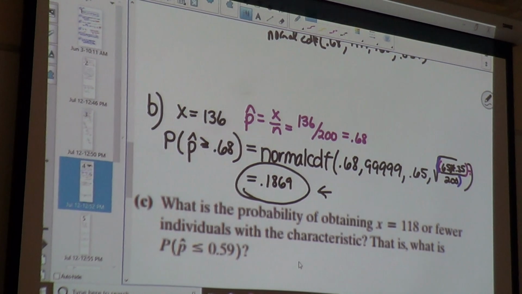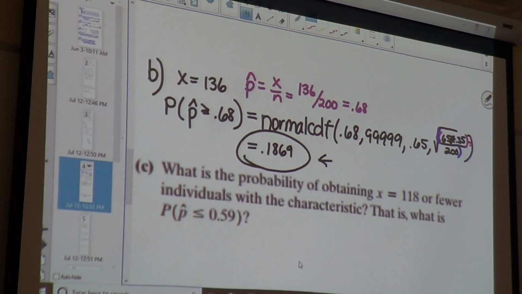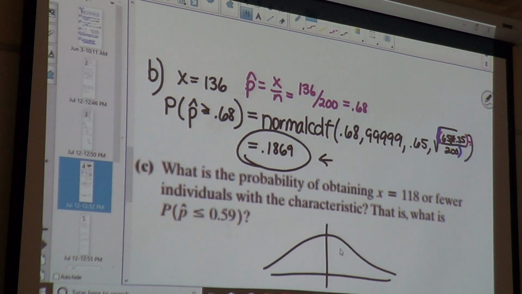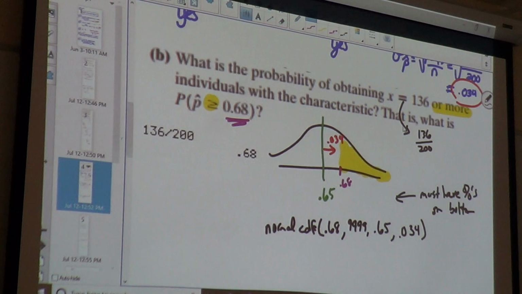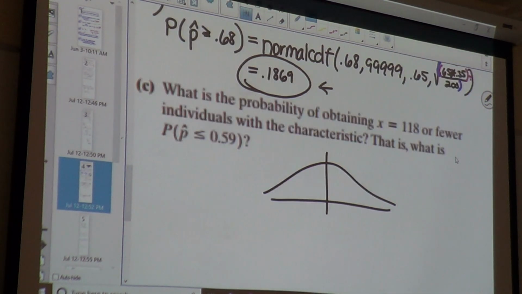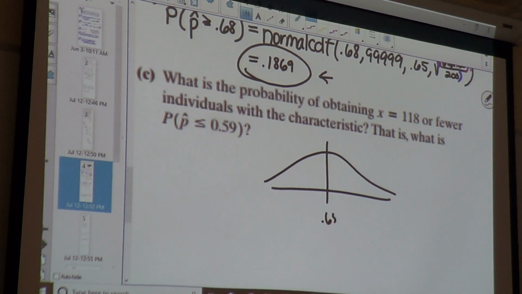Now this one says, what is the probability of obtaining X equal 118 or fewer? So we still have our mean from part A is 0.65 and our standard deviation is 0.034. Now, that's not a percentage, so they did 118 over 200.